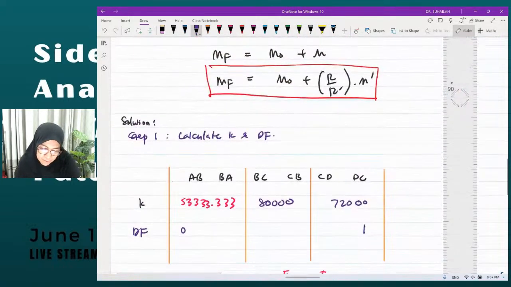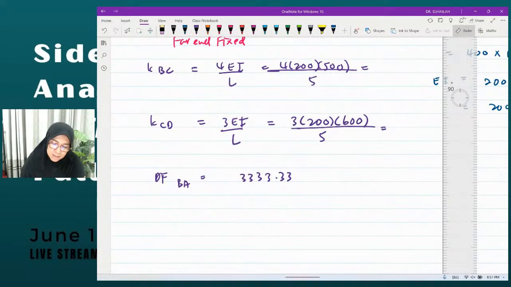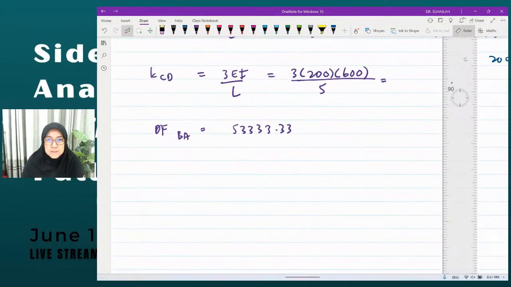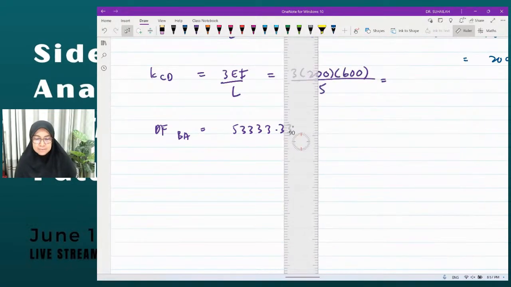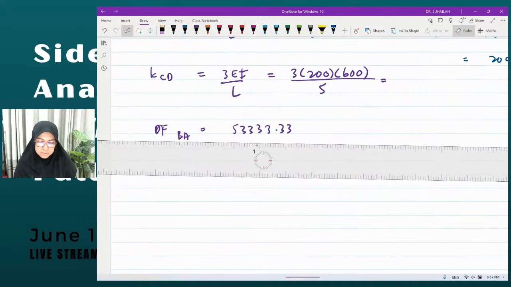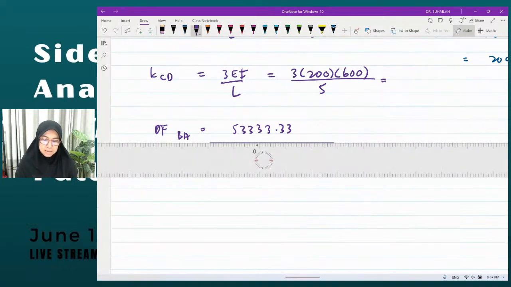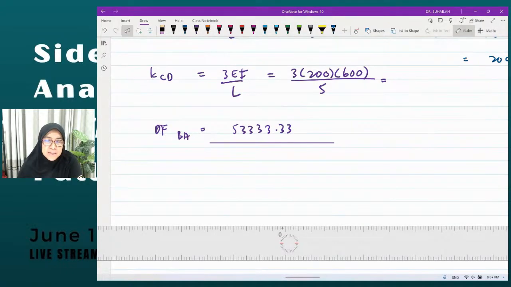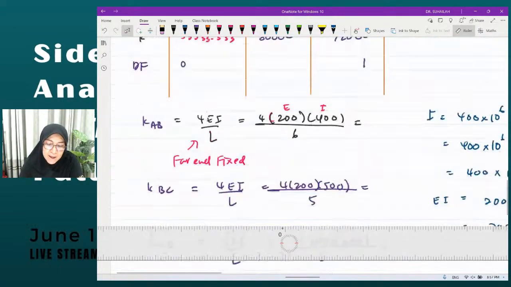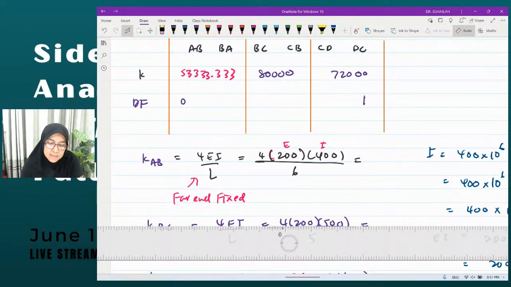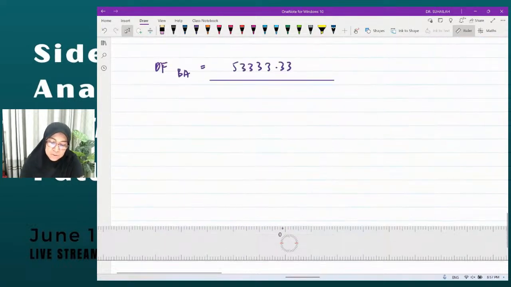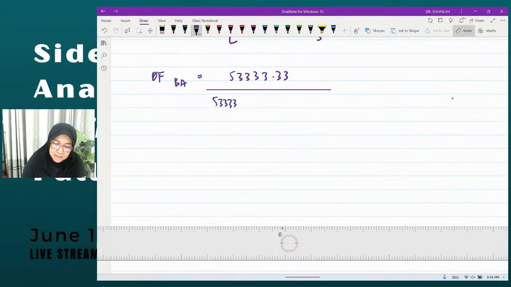It is 53,333.33 divided by the total joint stiffness, which is 53,333.33 plus 80,000. So what is the answer? This is for BA.